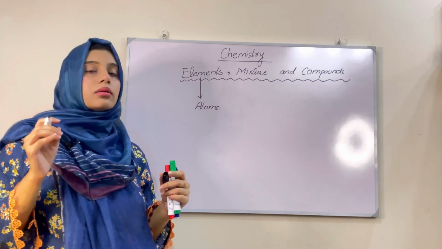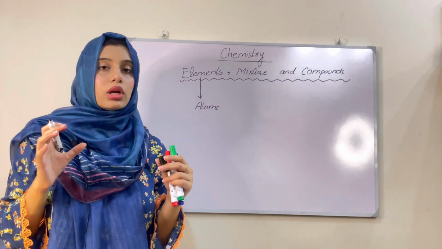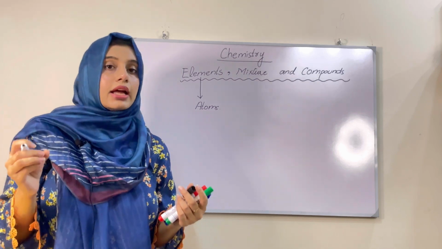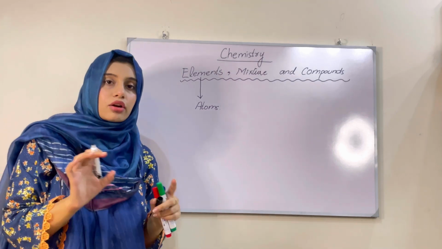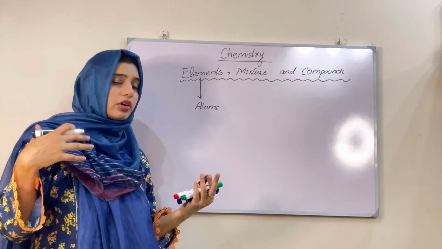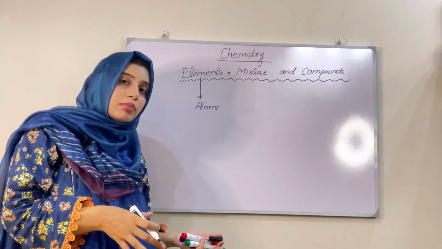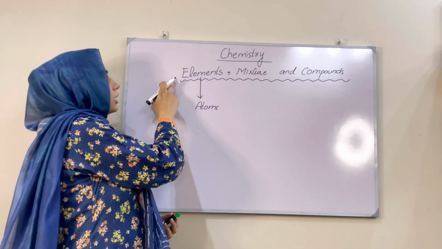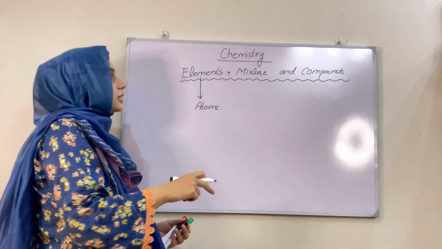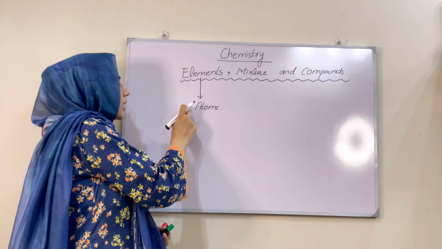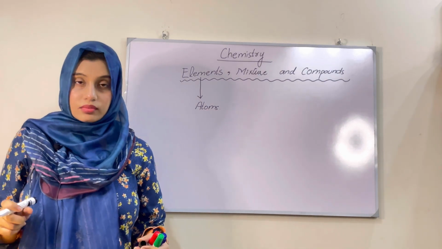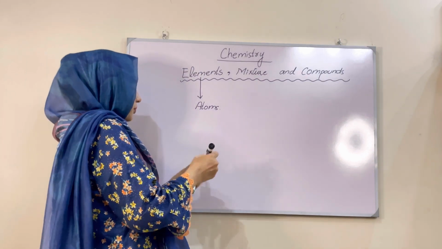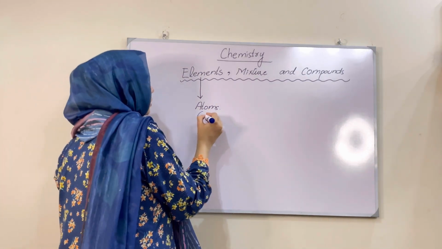Now the word atom is not new to us. We all know that in this whole universe everything is made up of atoms, and an atom is the smallest particle of anything. It can be of a human body, of any element, even of this universe. So the first point is that elements are made up of atoms. Now what are atoms?